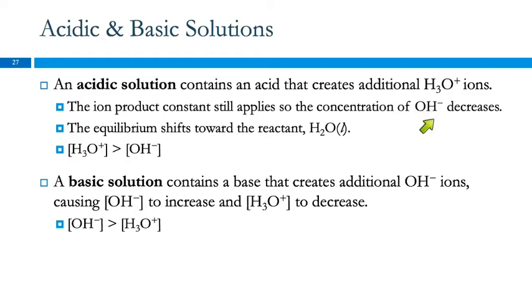The hydroxide ion concentration will decrease, and we'll end up with the hydronium ion concentration greater than the hydroxide ion concentration. In a basic solution, we're adding hydroxide ions. That causes the autoionization equilibrium to shift, decreasing the hydronium ion concentration, and we have hydroxide greater than hydronium ion.